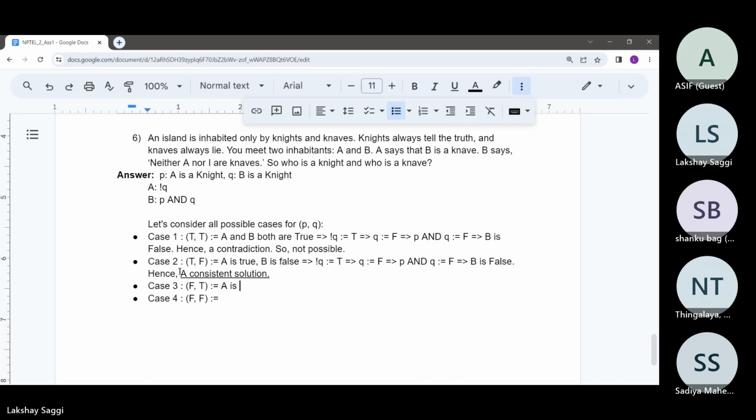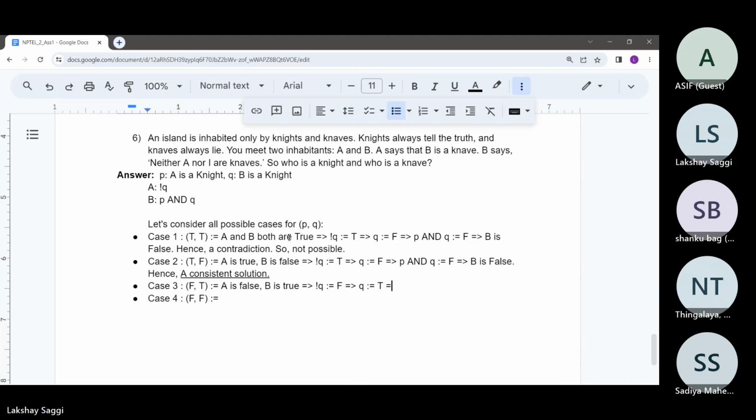So A is false, B is true. And what this means is that not Q is false, because A is saying not Q. So this will mean that Q will actually be true.